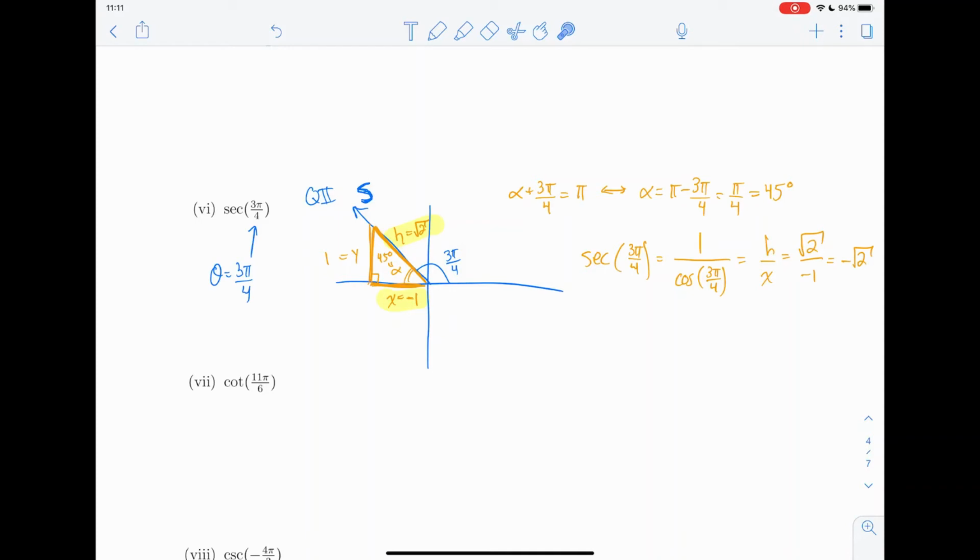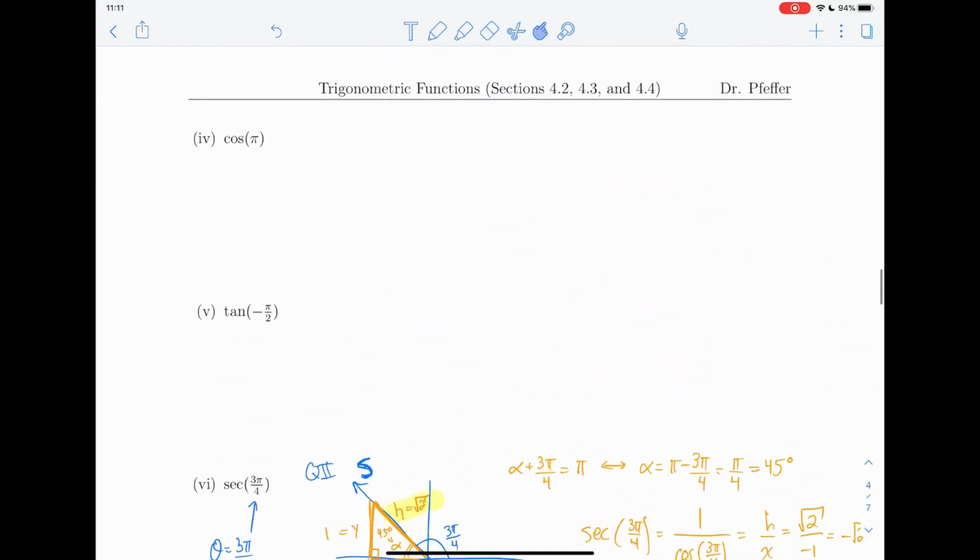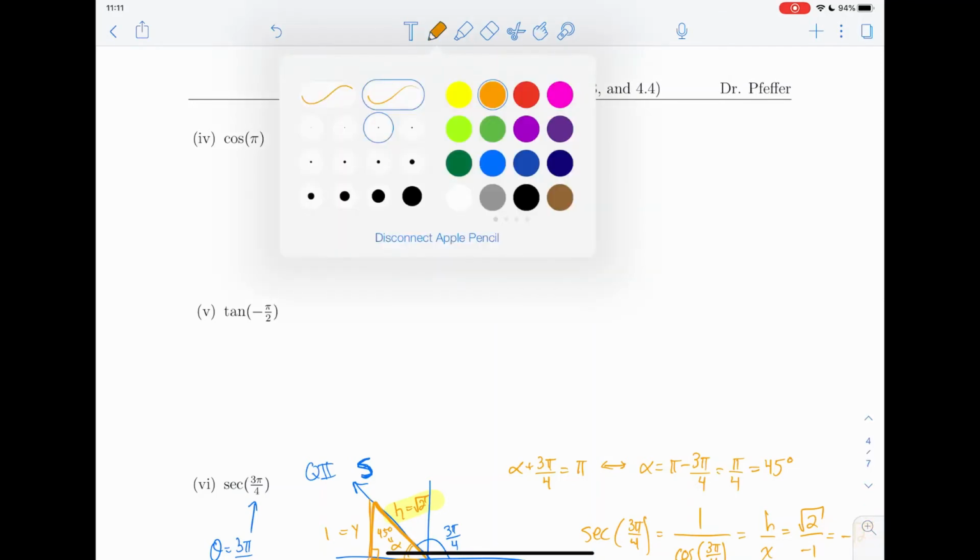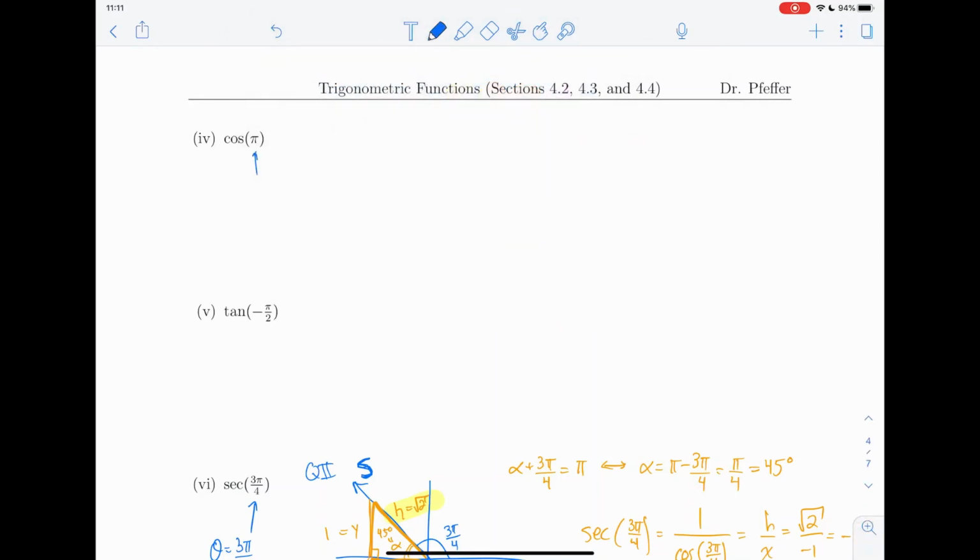Now, I skipped 2 problems up here because these problems have angles like, in this case, the angle is pi, otherwise known as 180 degrees. And in this angle, we have theta is negative pi over 2.